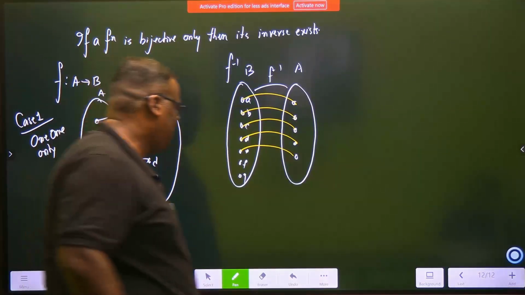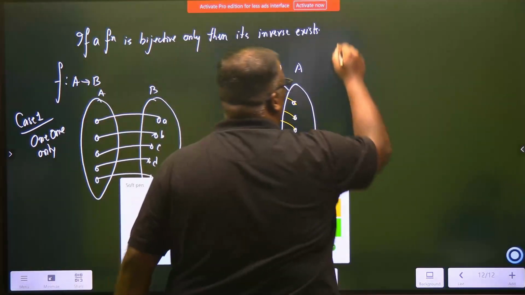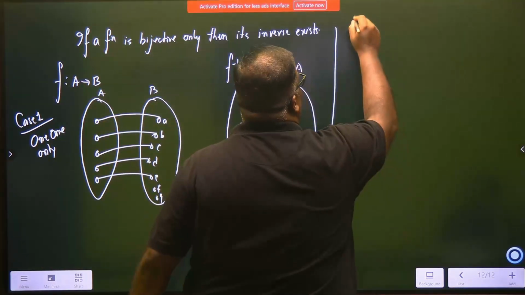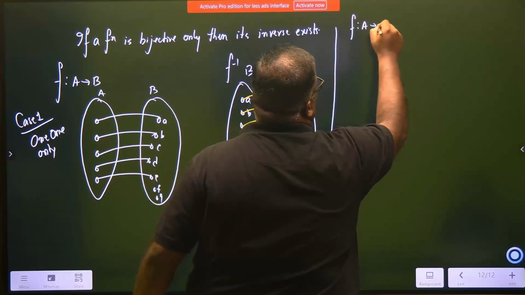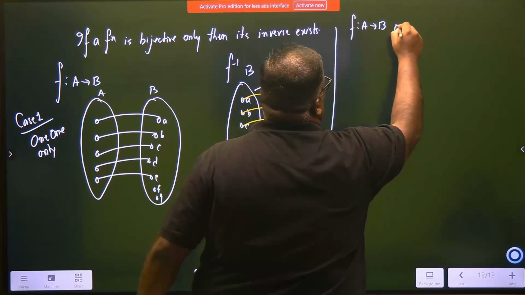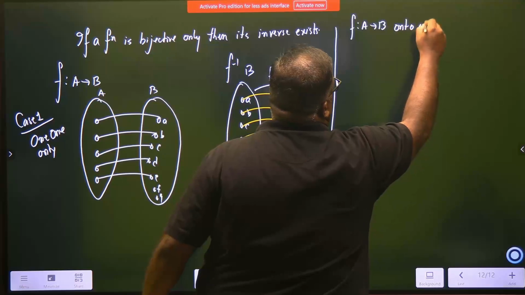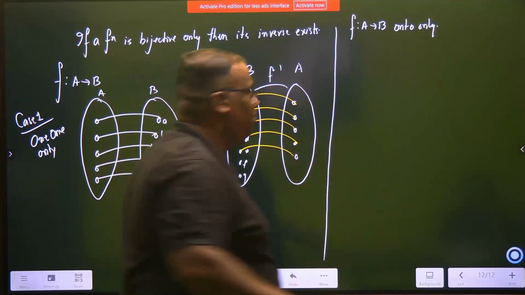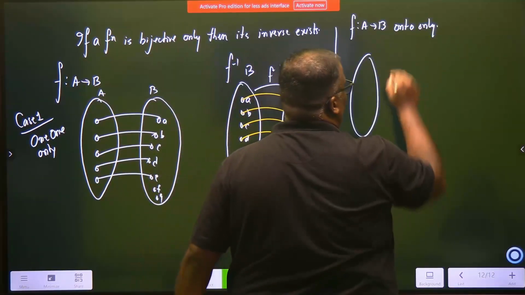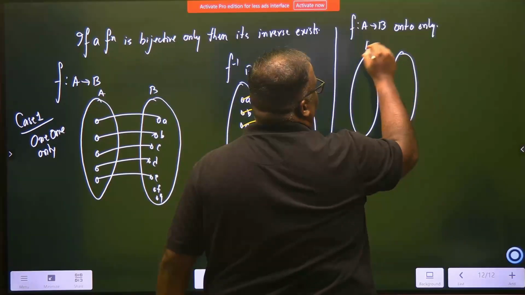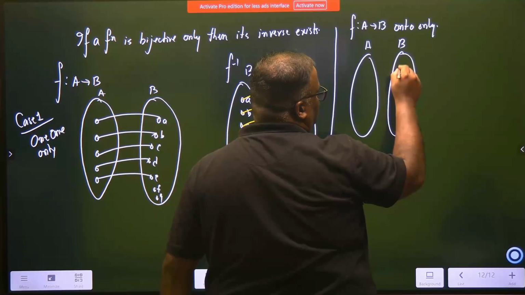Now let's check the case if the function was only surjective. Say f is a function mapped from A to B, and we say it is onto, only surjective. So see the mapping. This is A, this is B, and we will see a generic mapping.